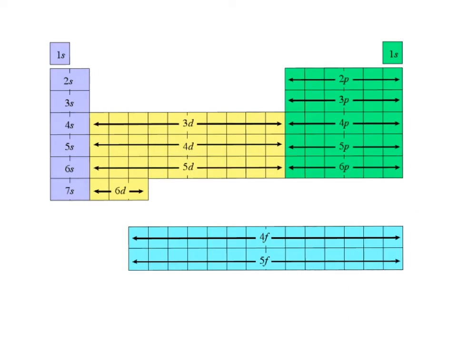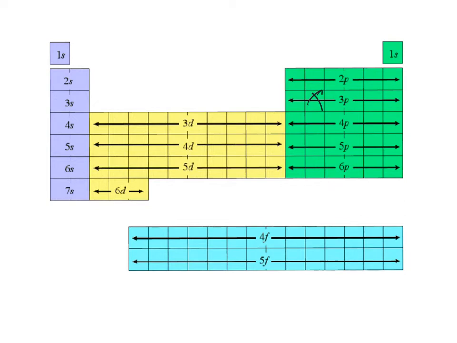Remember, this is another visual of the different sublevels, different energy levels, the different blocks, to help you remember the even shorter way of doing spin diagrams. If you have an element that's right here, you know you're going to have to fill everything up to that point before you can get to 3p.